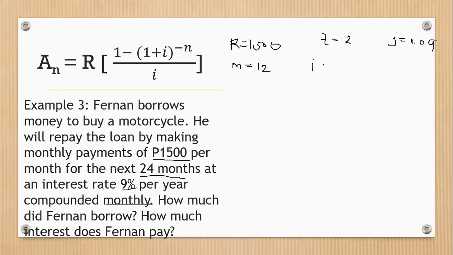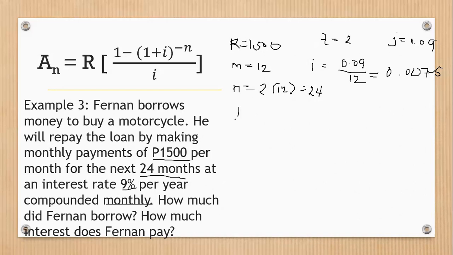We can solve for our I, J, 0.09 divided by 12, we can have 0.0075. Then our N po, T times 12. So we have 24.